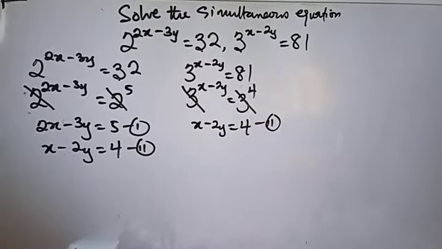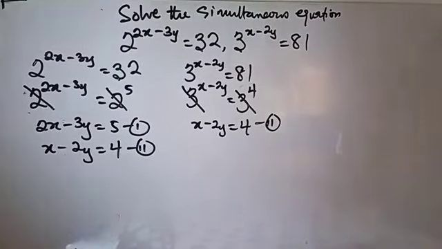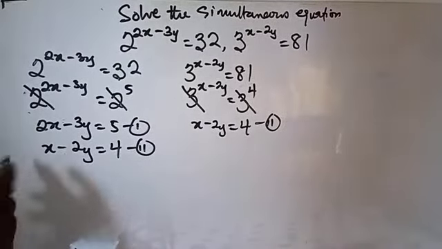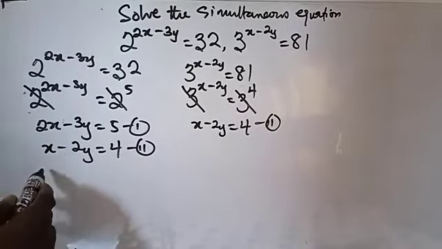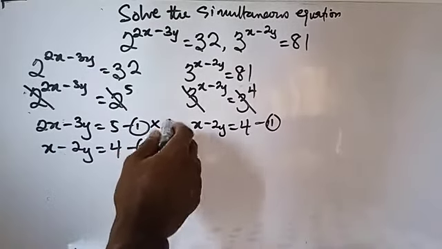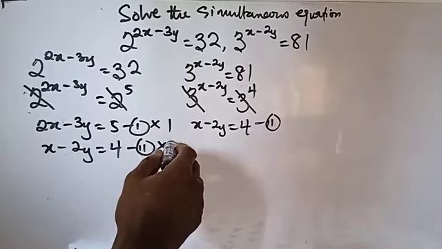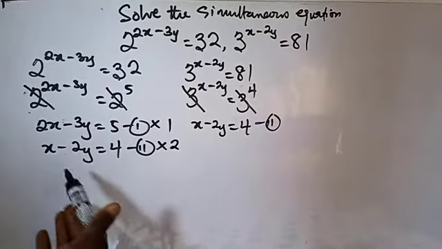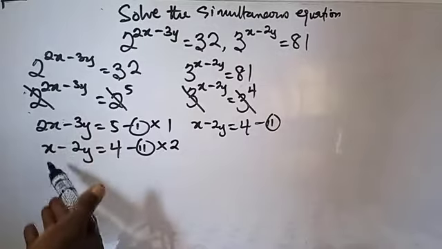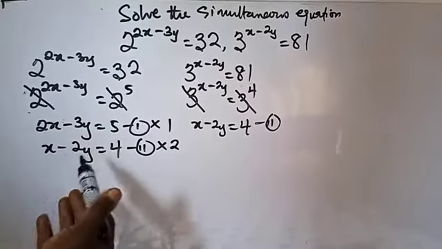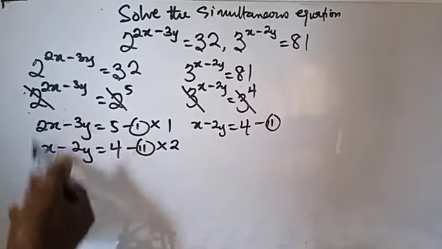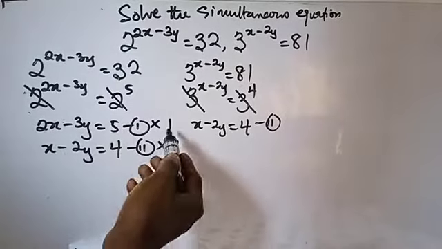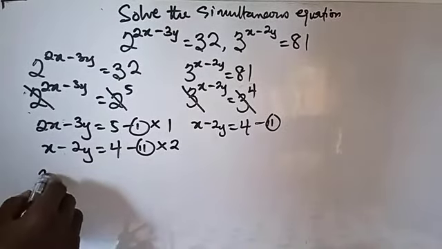Okay, using the elimination method, here we have 2x. Let us multiply this by 1, and this by 2. The reason I'm multiplying this is to eliminate a common term here. So this times this, we have 2x.